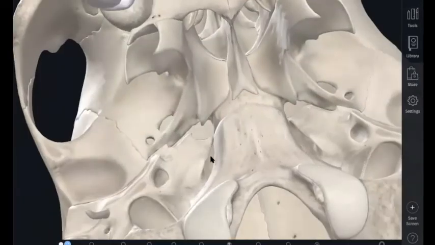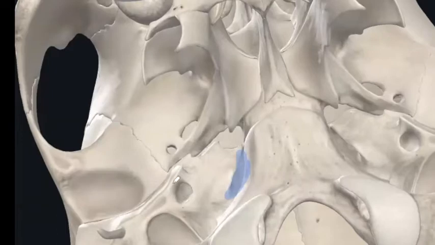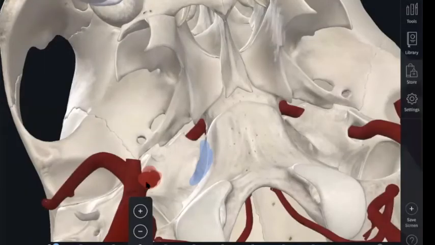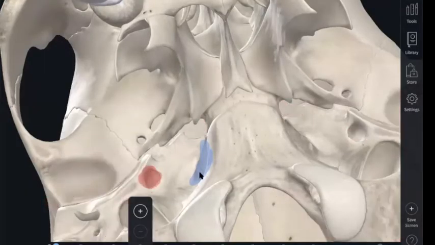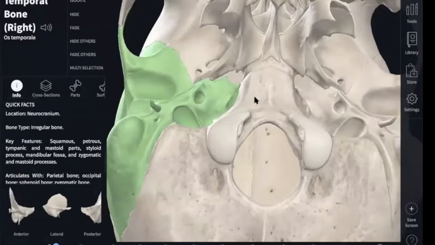And then next to the jugular foramen, you have this individual hole, and this is your carotid canal. This is where your carotid artery would penetrate the skull from the outside. So you have your jugular vein leaving the skull here and your carotid artery coming in there.